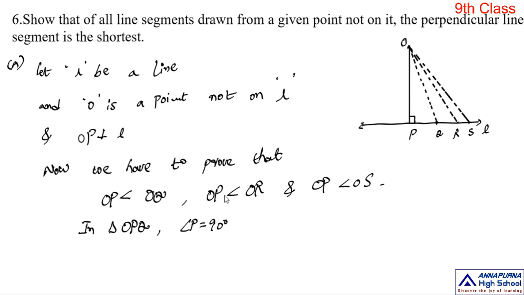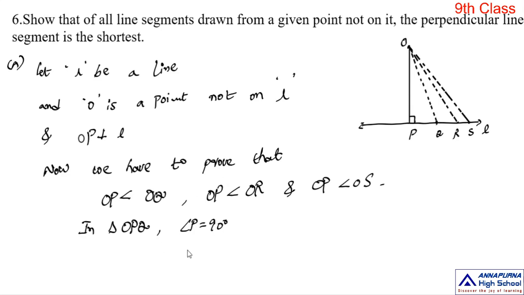So one angle is 90 degrees, so the remaining two angles are acute angles. So angle PQO is less than 90 degrees, and angle POQ is less than 90 degrees.